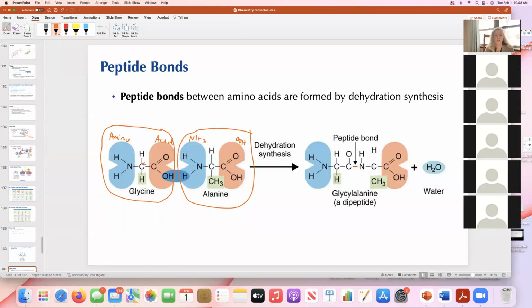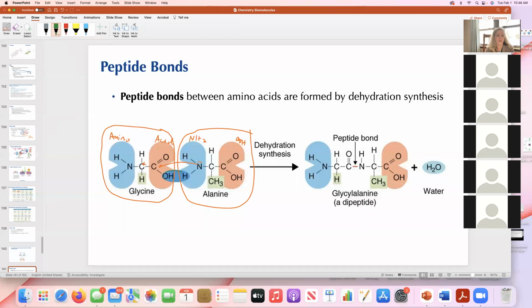And we know that the nitrogen, with its heavy electron load there, is going to attack the bond over here and kick off that water, right? In a dehydration synthesis.